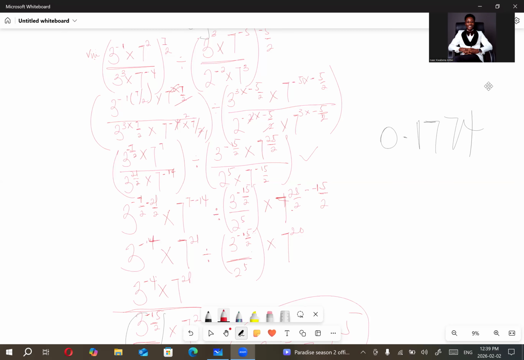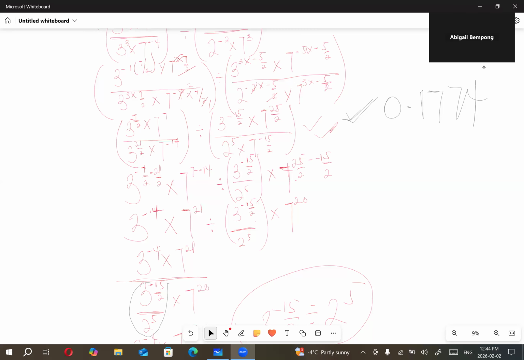All right, so after proofreading, when we checked on the calculator, the final answer from the main question is 0.174. If you map up this step on the calculator, you get the same thing. So let's take our time to look from this side down.